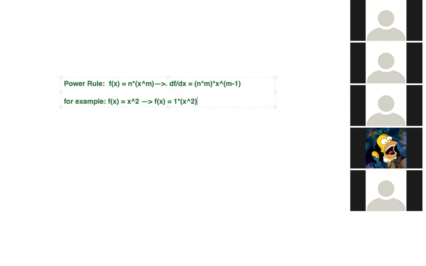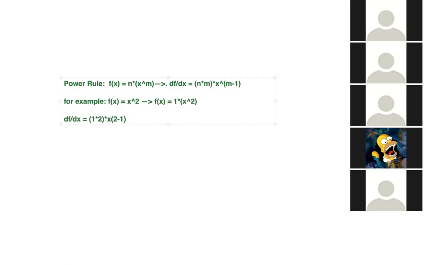Yeah. Right? So now if I want to calculate df dx, then I just apply the formula. And remember, the n is left alone, so I'll still have 1, but I'll multiply it by the exponent, which is 2, and then I'll have x to the 2 minus 1 power.